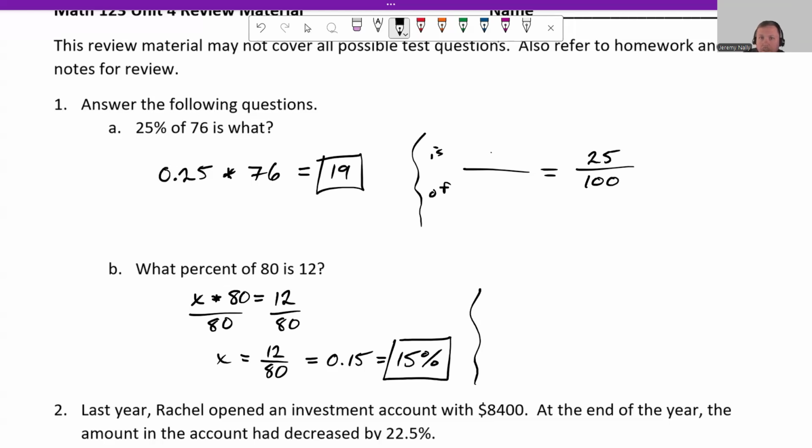So is what? That's x. Of is the 76, and then you just cross multiply. So we have 100x equals 25 times 76, and then divide both sides by 100. So then we have x is 19 again.